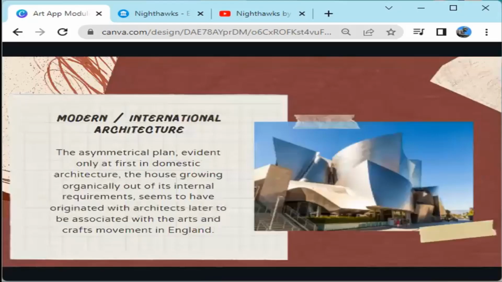Now, currently, of course, most of our architectural design in contemporary times is a product of mixtures of inspiration coming from different countries.